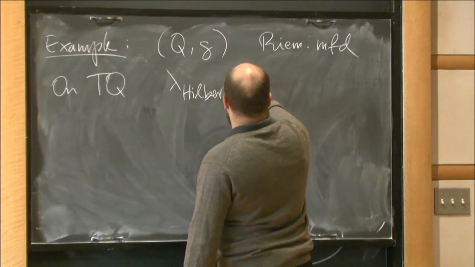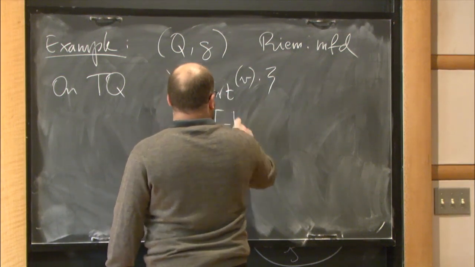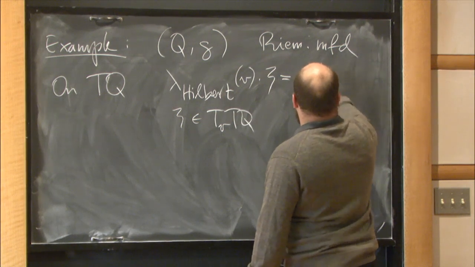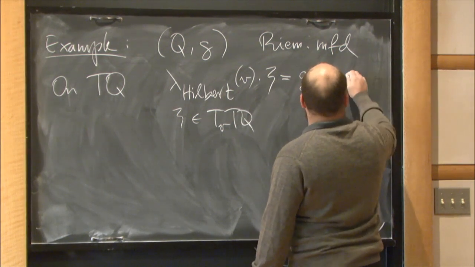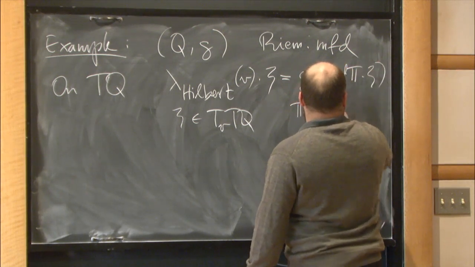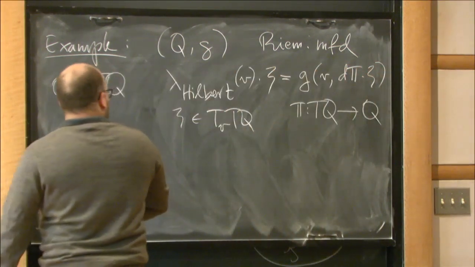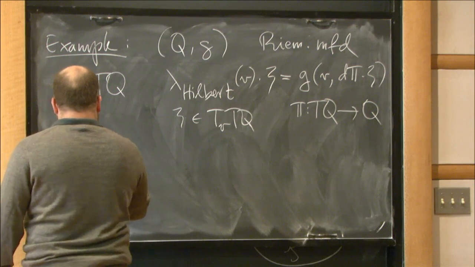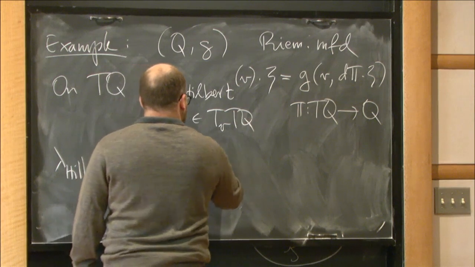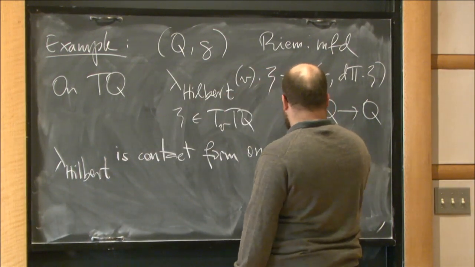The Hilbert form at a vector v applied to a tangent vector zeta is equal to the inner product between v and d pi of zeta, where pi is the foot point projection. That's a one form, and this one form is a contact form on the unit sphere bundle.